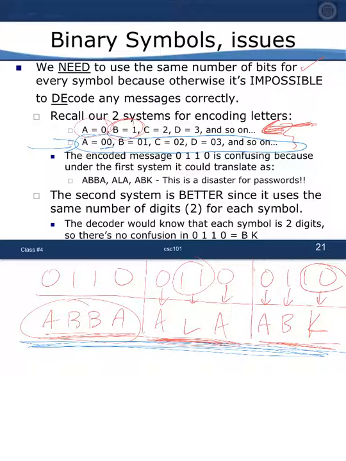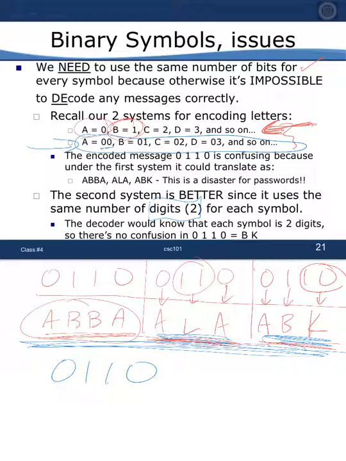But if I was using the second system and I sent the number 0110, I think everybody will decode this exactly the same, because embedded in the system is the idea that every letter gets 2 digits. So when I look at this, I don't have confusion about whether it's 4 letters, or maybe 3 letters, or maybe 2 of these are grouped together and some of them aren't.